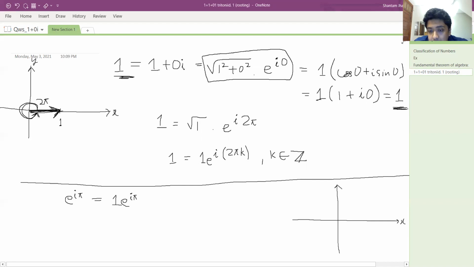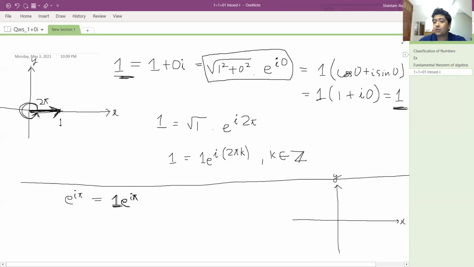This is the x-axis, this is the y-axis. And this says, find a complex number with magnitude 1. Sure, I can make a vector with magnitude 1. But also the direction of that vector is defined by the angle pi.